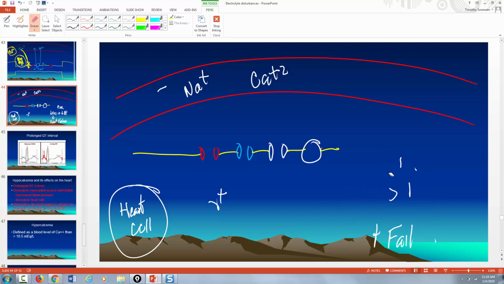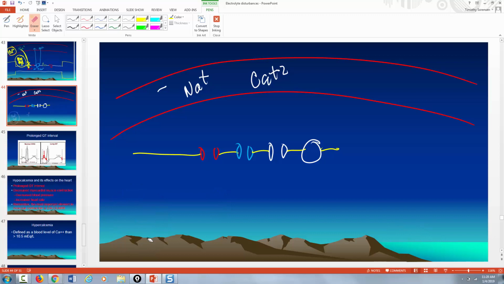Now our problem is that we got too much calcium in the blood. So if you got too much calcium in the blood, what does high levels of calcium do to sodium leak channels in the heart? It blocks them.